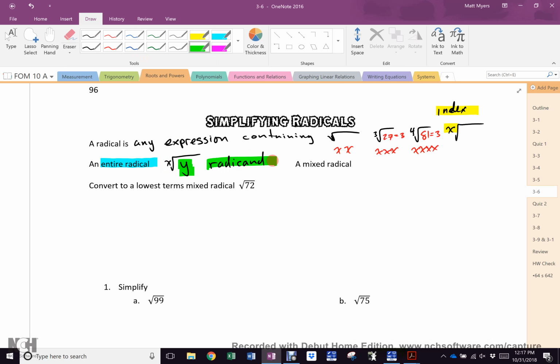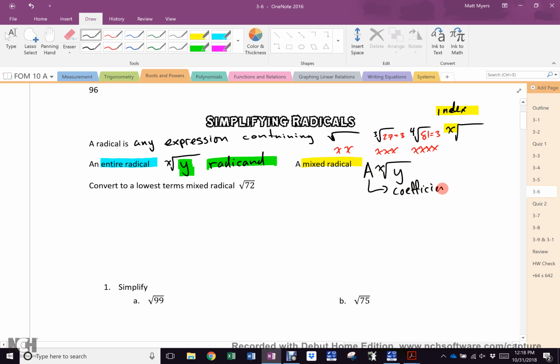And the radicand can be anything mathy. Everybody good? Okay. Now, just like fractions, a mixed radical has 2 parts to it. It still has the x index and the y radicand, but it also has a coefficient.